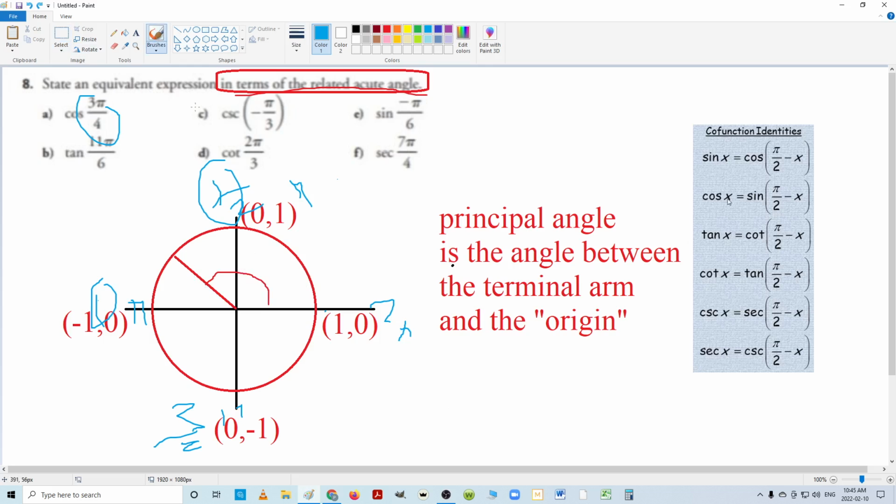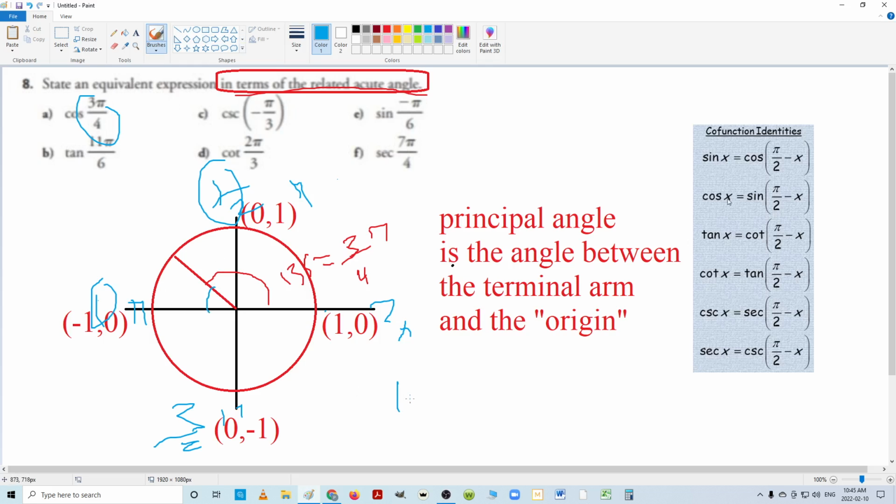Which means, if my principal angle has gone 135, I should write it in red. In other words, if it has gone 3/4 pi, how much is left? Well, all the way around is 180, and we've gone this far, which means the blue angle in here is 180 minus this angle.